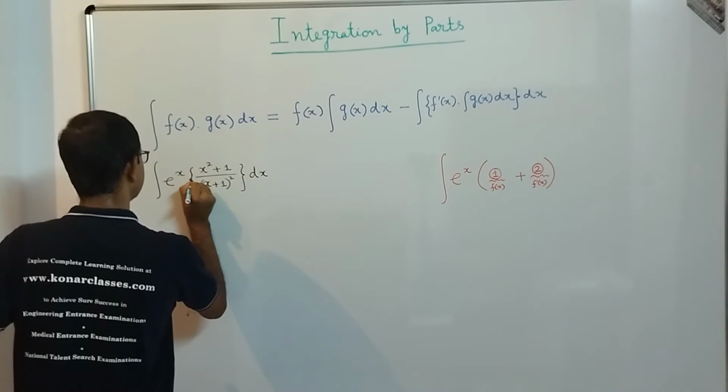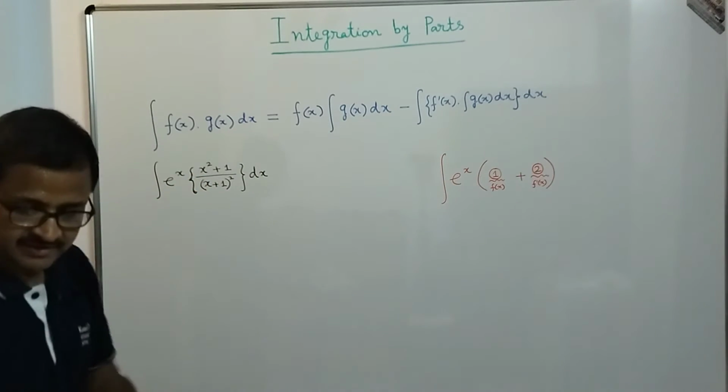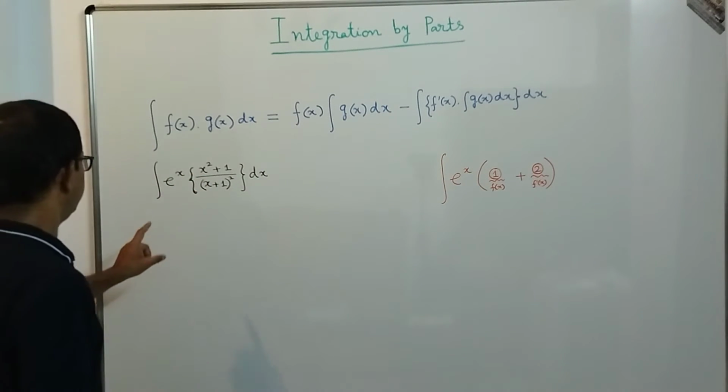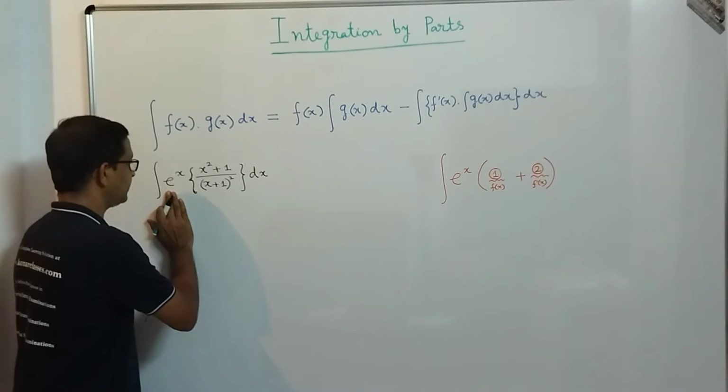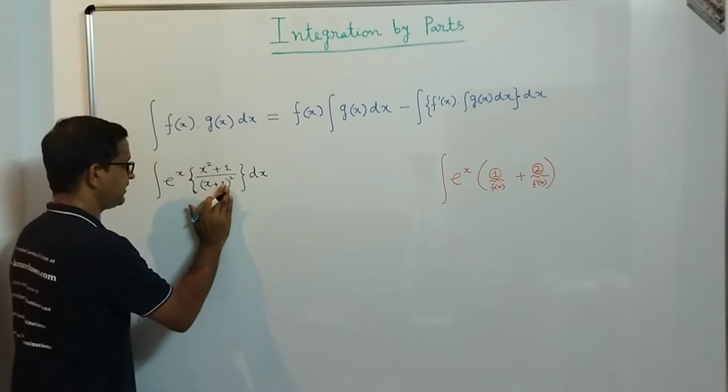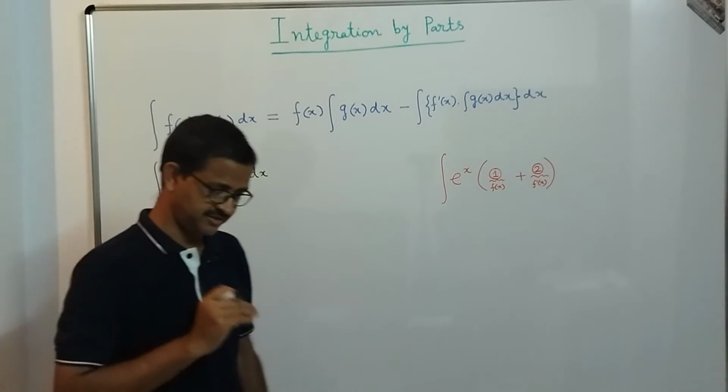As you see, we need to perform the integration of e power x into x square plus 1 by x plus 1 complete whole square dx.